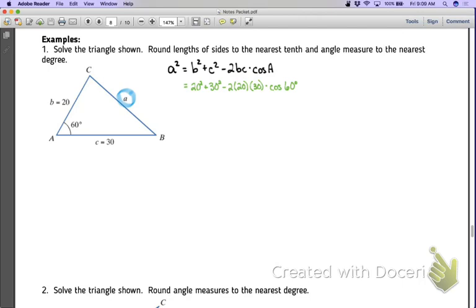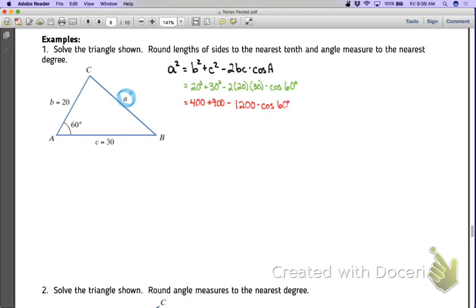So now it's just a matter of doing the math. 400 plus 900 minus 2 times 20 times 30. So 1200 times cosine of 60 degrees.